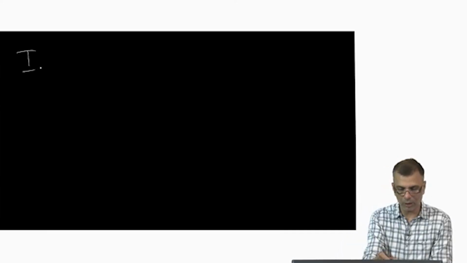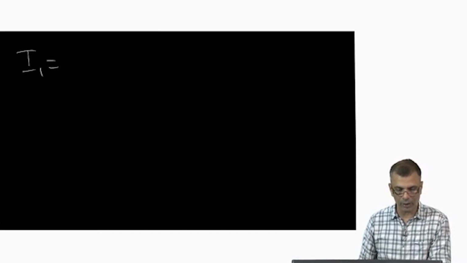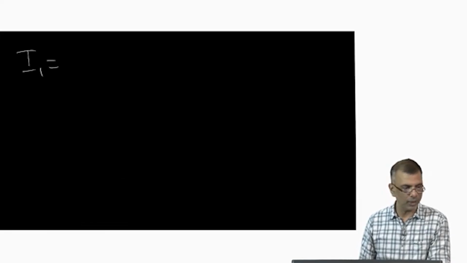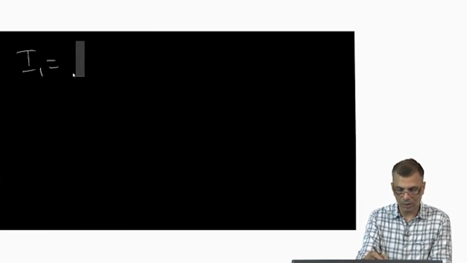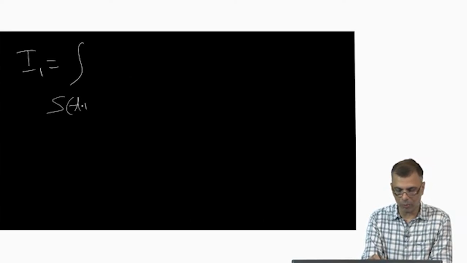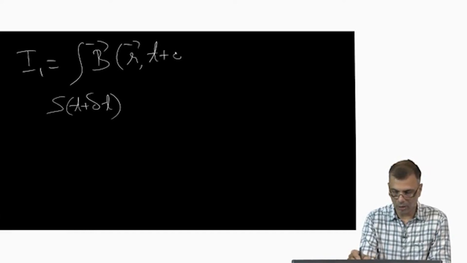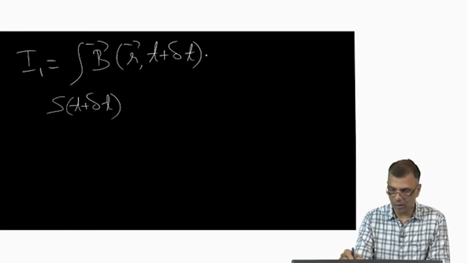So, the I1, which we defined here, which is the change in flux due to the change in loop position, which we wrote down as this. So, that is equal to the change in loop position. Initially the loop was at S t plus delta t, and the flux is B dot ds.